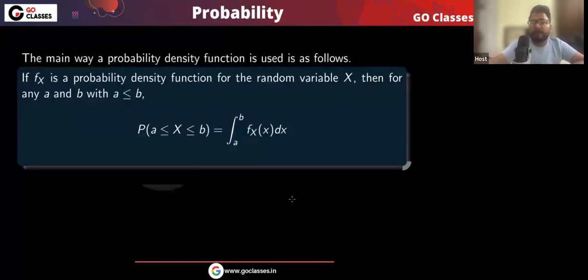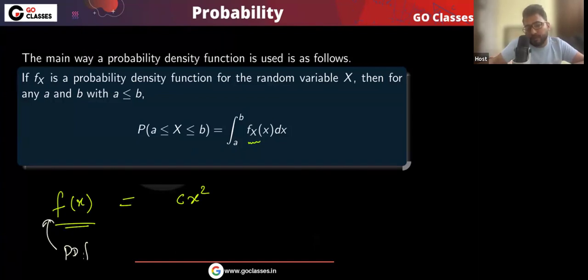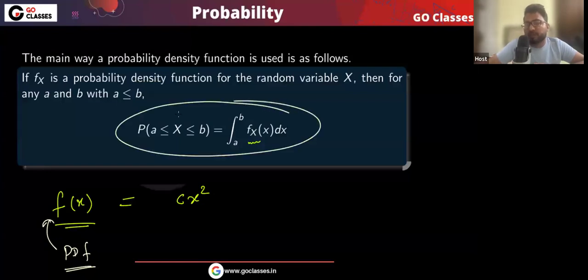Let's see. Suppose there is a function f(x). This function could be anything; we will see what the forms of this function are. But this function is called PDF if you can find the probability between A and B using this formula.